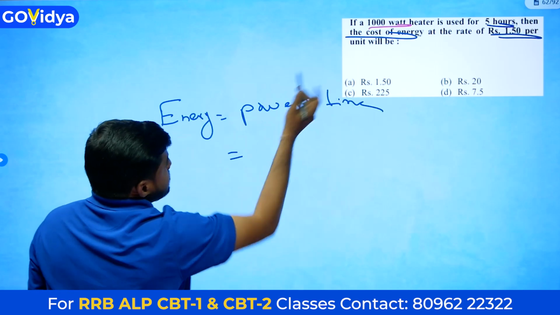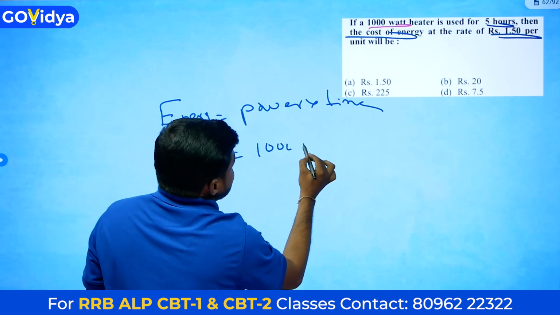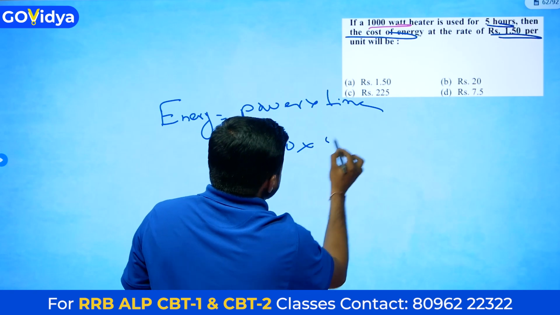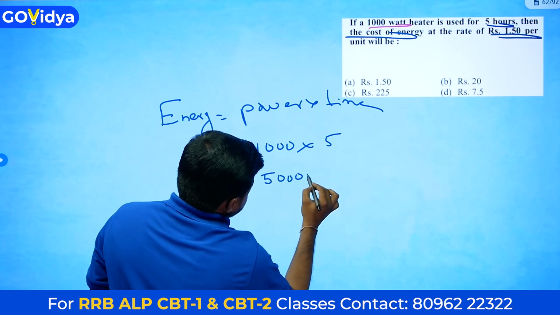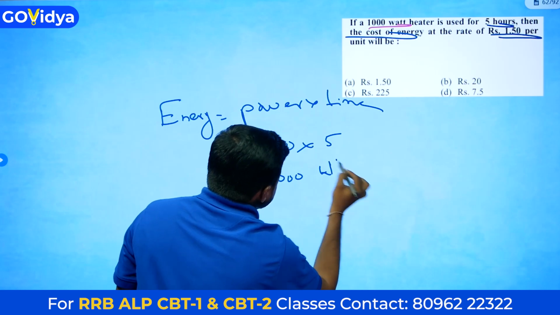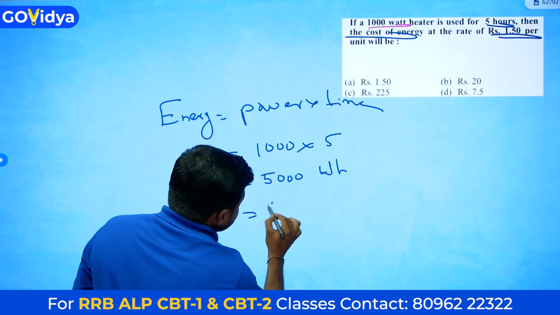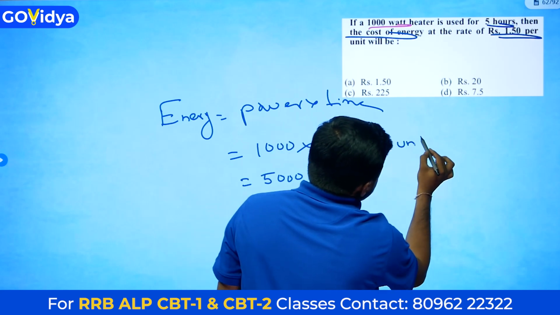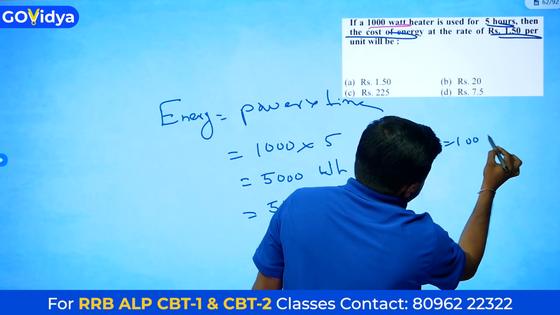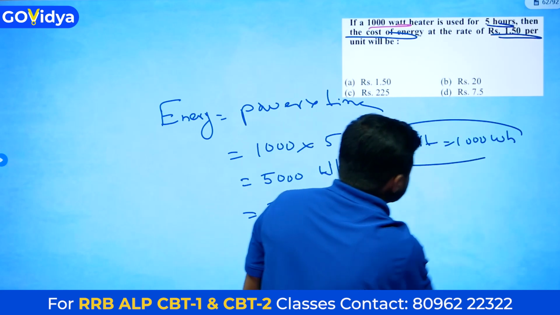Power is 1000 watts into time 5 hours, we will get 5000 watt hour. 1 unit is equal to 1000 watt hour.